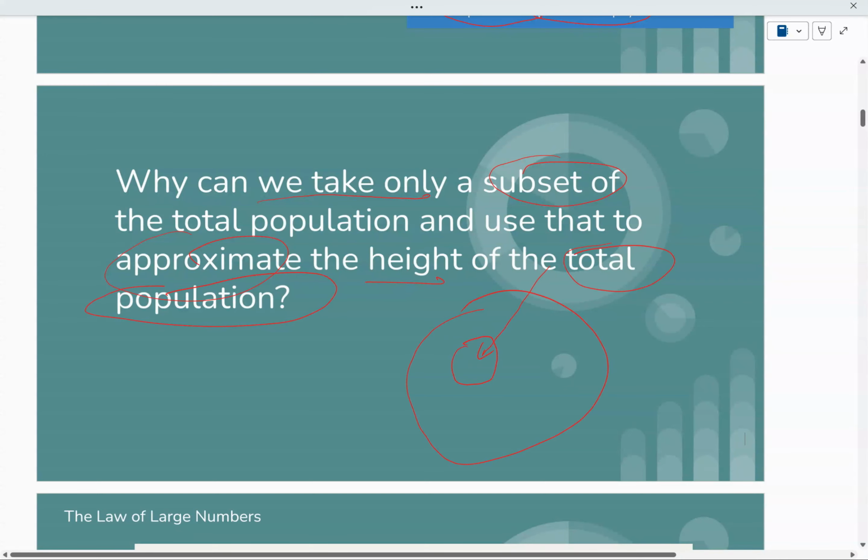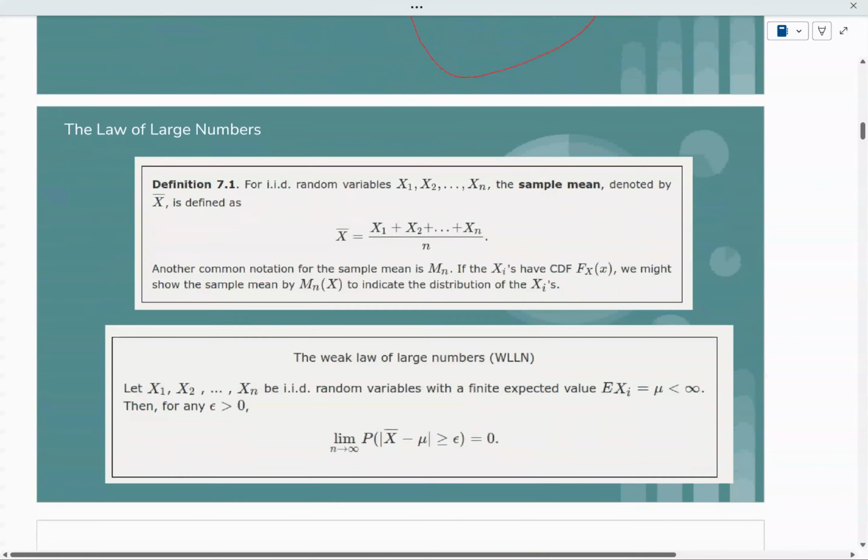Well, the reason why we know that is through this thing called the law of large numbers. Let's say I define a bunch of samples we collect. We collect n of them, so the first, second, all the way to the nth person, and then we calculate the average. This is the empirical average because you're not taking the total, you're taking a subset.